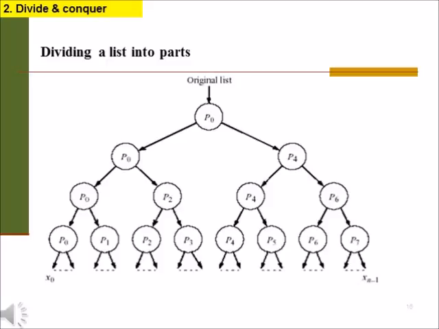Finally, P0, P2, P4, and P6 pass half of the list they hold to P1, P3, P5, and P7, respectively. Each list at the final stage will have n divided by 8 numbers, or n divided by p in the general case of p processors. There are log p levels in the tree.